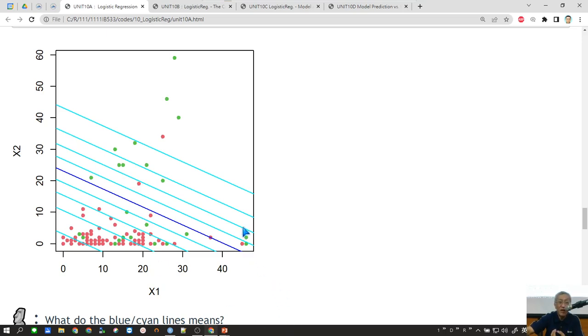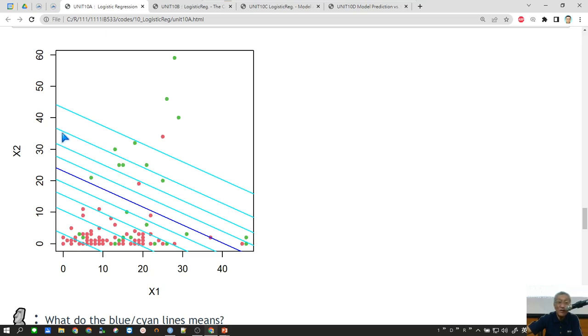If the combination of x1 and x2 is here, then the probability that y equals 1 can be estimated as what? I told you that this line is actually the probability of how many? This is 0.5, 0.6, 0.7, and here is 0.8, right?